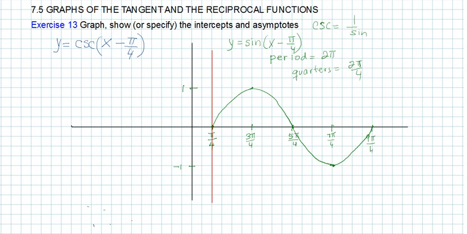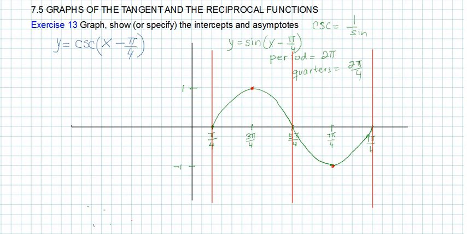Right there. Right there. And right there. Now drawing the cosecant is a piece of cake. Just go to the vertices. Right there.